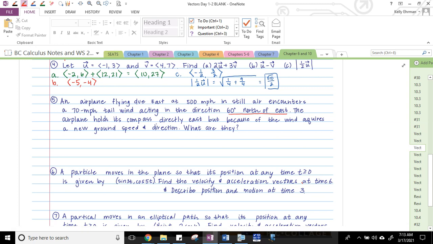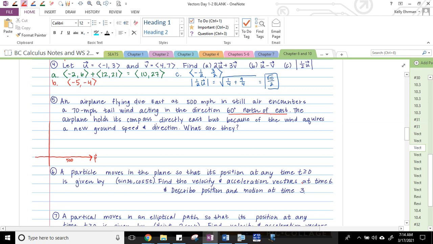Where are they? So, okay, what do we have going on? I like to always see things happening around the origin to help orient myself. So the plane is due east at a velocity of 500 miles per hour. So we can call that a velocity vector, and let's label that P. And then we have north of east.